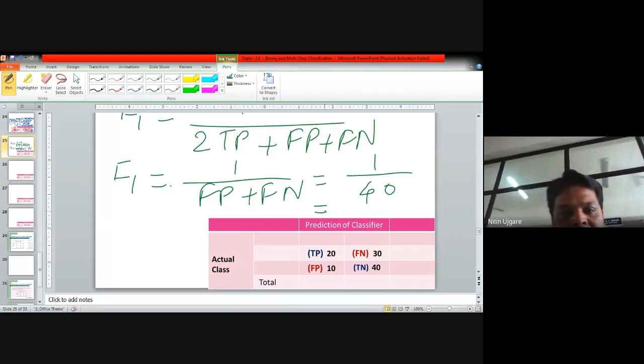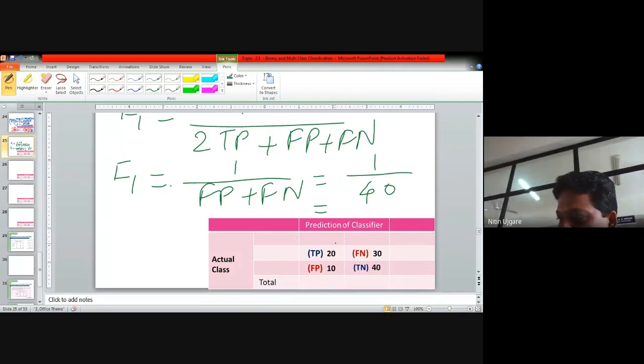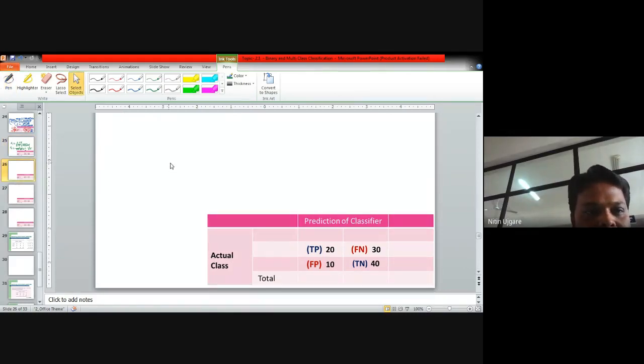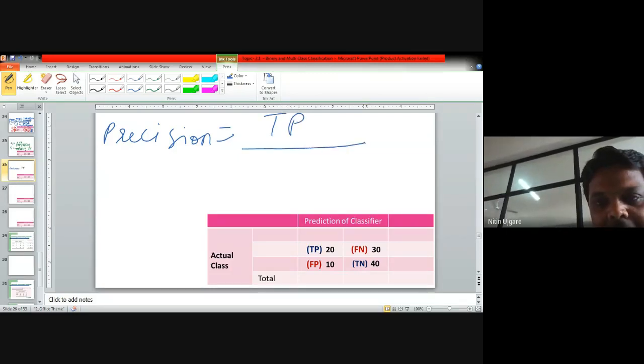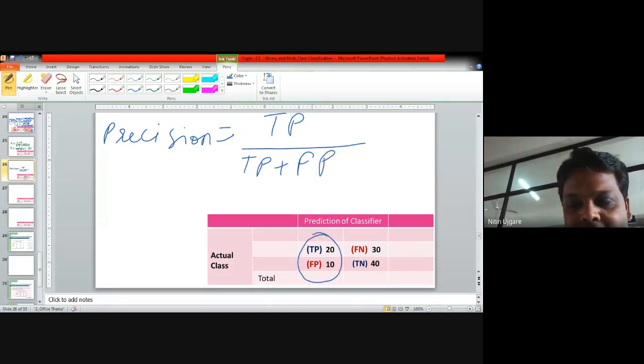Okay. So let's go to the next measure, that is precision. Precision is calculated as true positive divided by true positive plus false positive. This column gives me the precision, whereas this first row gives me the recall.